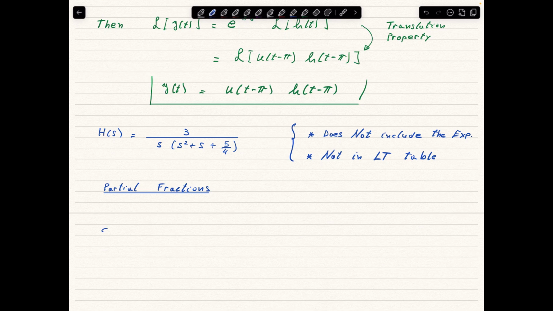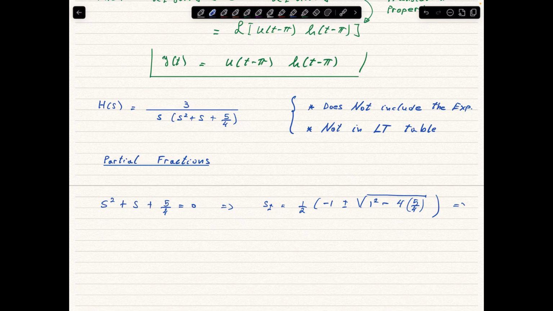So we compute the roots, that is the solutions of s squared plus s plus 5/4 equals 0. We have a formula for that: s plus minus is equal to 1/2 times negative 1 plus minus the square root of 1 squared minus 4 times 5/4. Okay, that's simple. So what are we going to have?